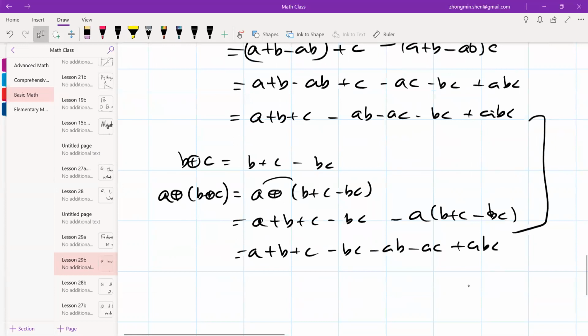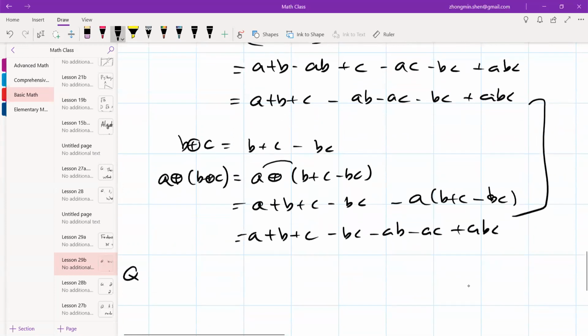All right, I'm going to look at the next problem from the book.